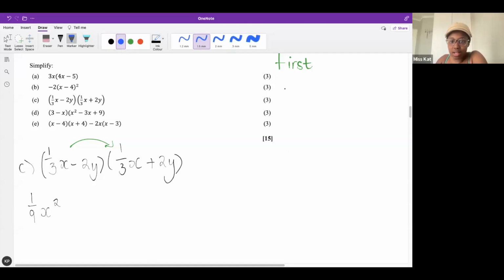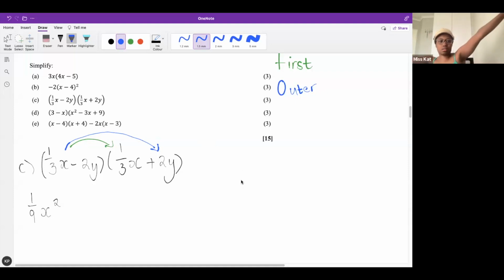What does O stand for? What does my O stand for in FOIL? There we go. Outer. Is it 1 T or 2 T's? English. Guys, this is what I'm doing, maths. Outer. That means the outer terms on both brackets. So it's the third x and the 2y.